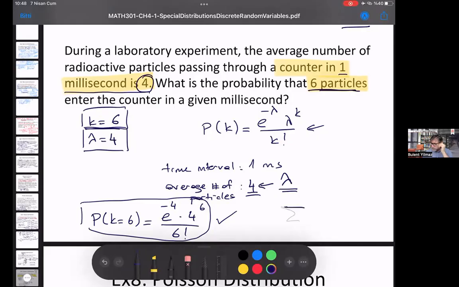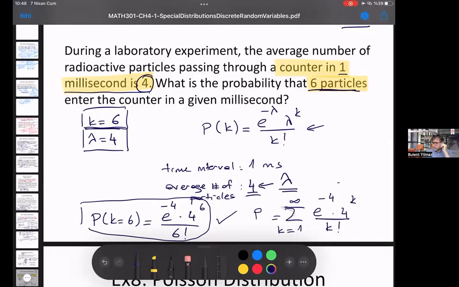It's going to be summation of k from 1 to infinity e to the power minus 4 times 4 to the power k divided by k factorial.